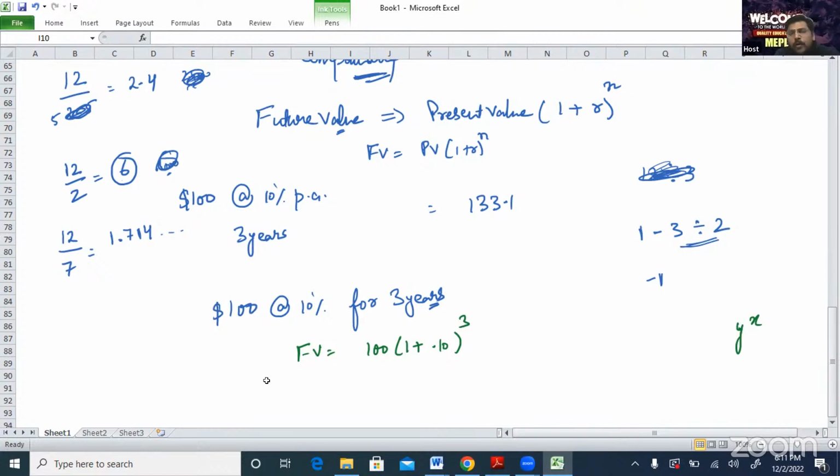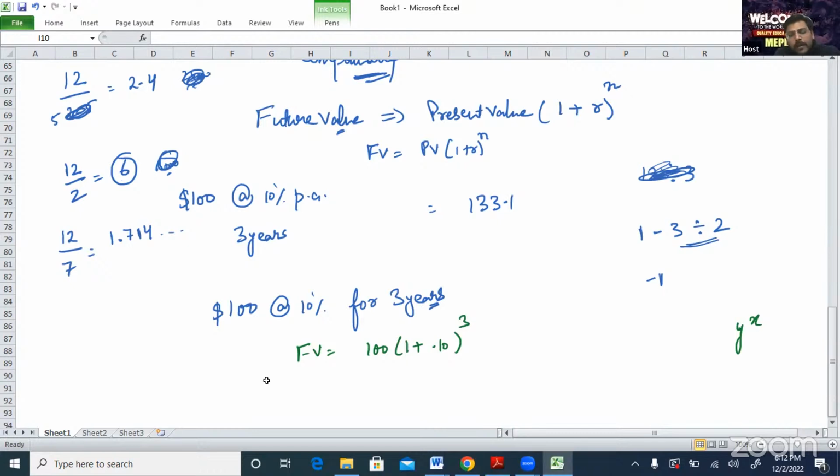So what I can do, if we invest $100, then we will receive some money. This calculator is framed such that if there is an outflow, then there will be an inflow. So one cash flow should be outflow, one cash flow should be inflow. If I invest $100, then I will receive something.